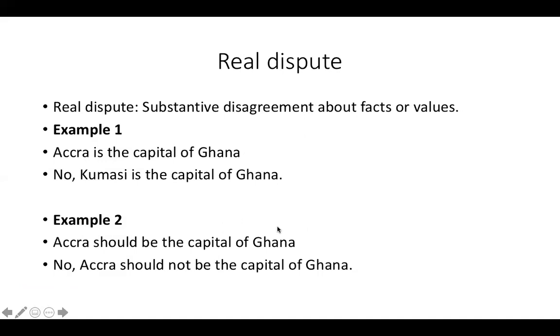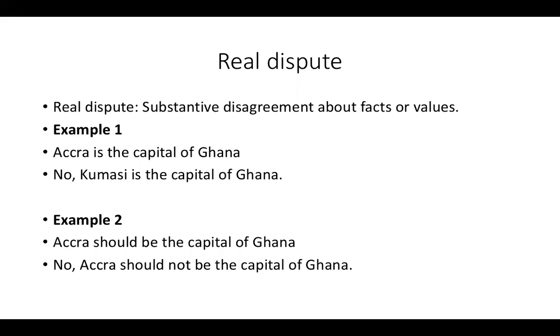So these are the real disputes. The factual disputes are real disputes, and the value disputes are also real disputes. The ones that are not real disputes are disputes generated from insufficient understanding of the meaning of words. You remember we did factual statements, value judgments, and definitions.